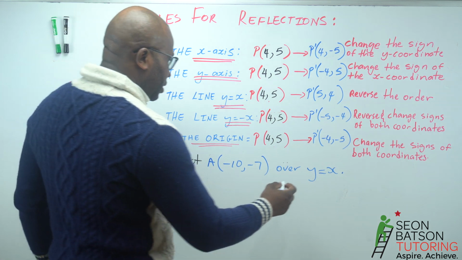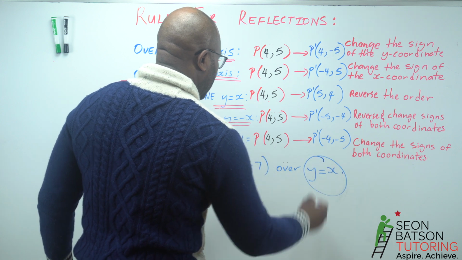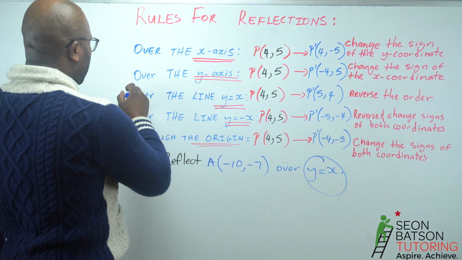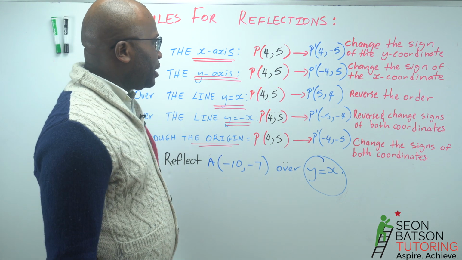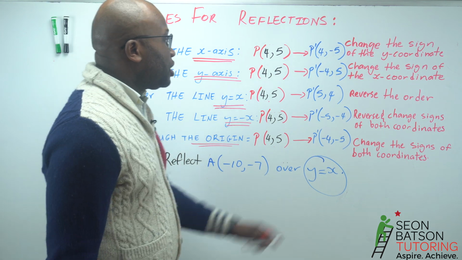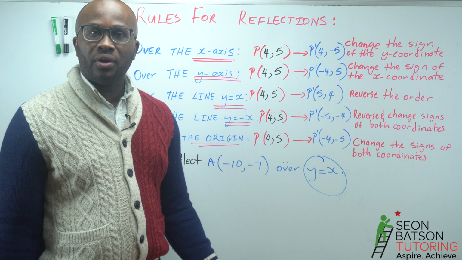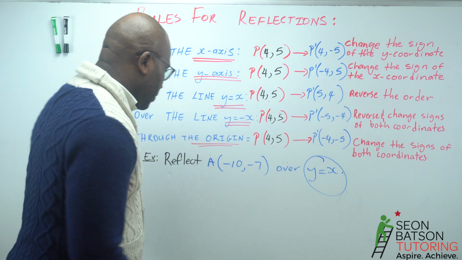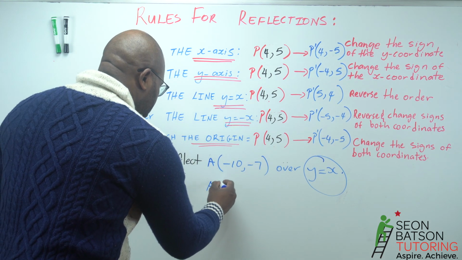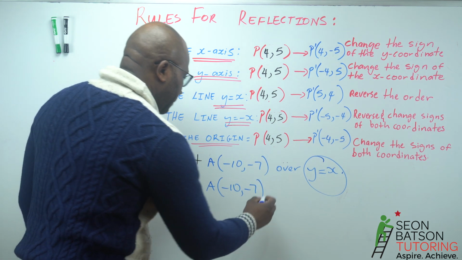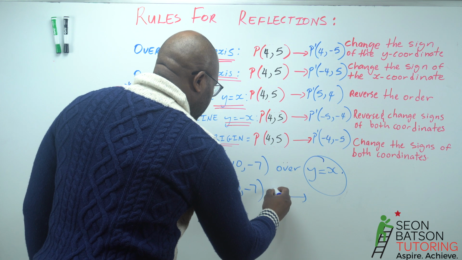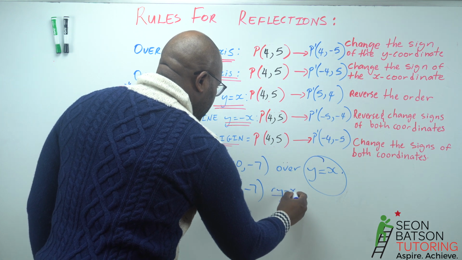So we are reflecting over the line y equals x. And what does the rule say? When we reflect over the line y equals x, we will do what? Just reverse the order of the coordinates. So let's put back our original point, negative 10, negative 7. And we're going to reflect it over y equals x.